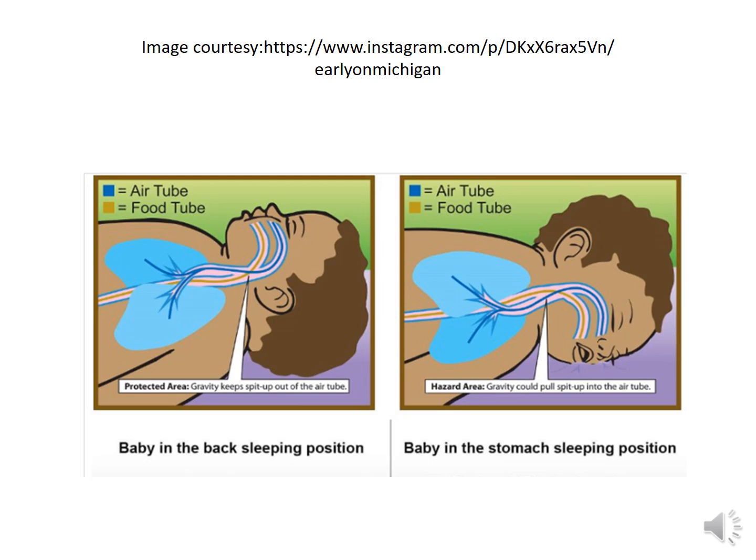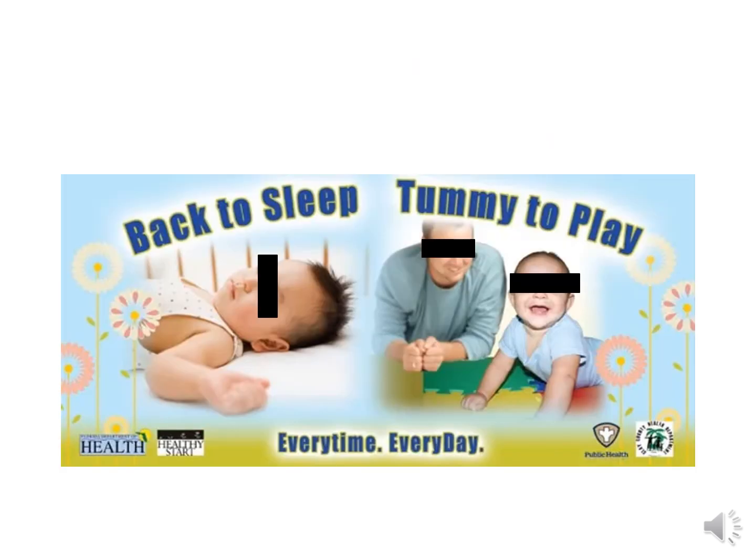So there is no pressure applied to the trachea. So this is safe practice. But in the other positions, the trachea can be pressed by the esophagus, causing some kind of difficulty. So that's why it's mentioned as back to sleep and tummy to play.